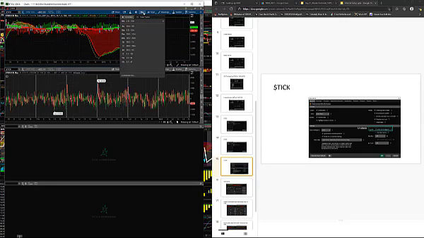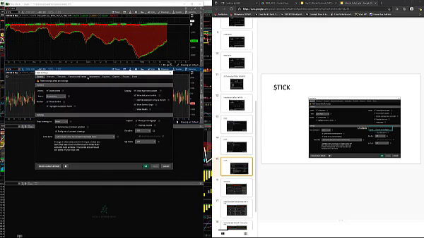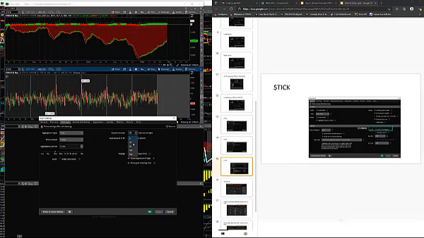I think we need 5. And then this is the 5-day. And I just have to align it. So this one has to be pushed out ten bars to the right.